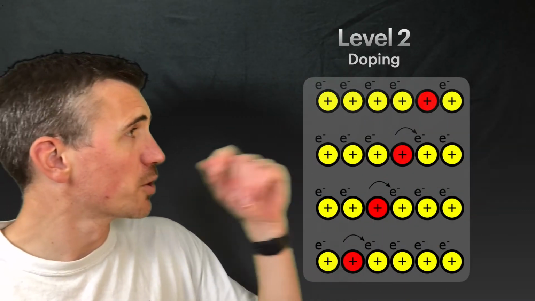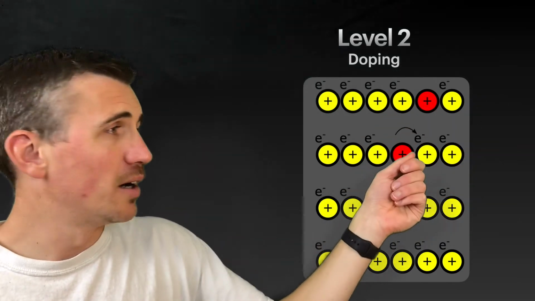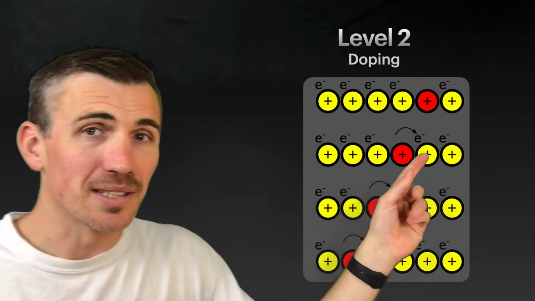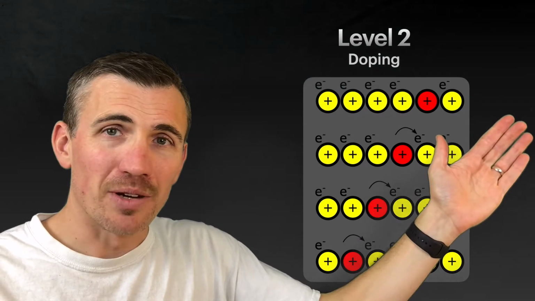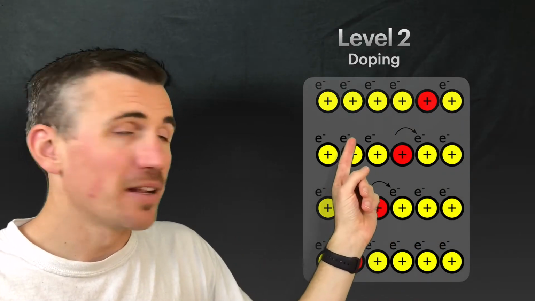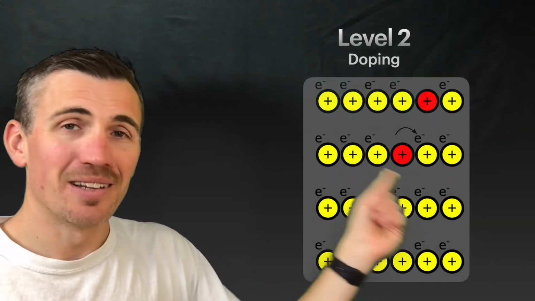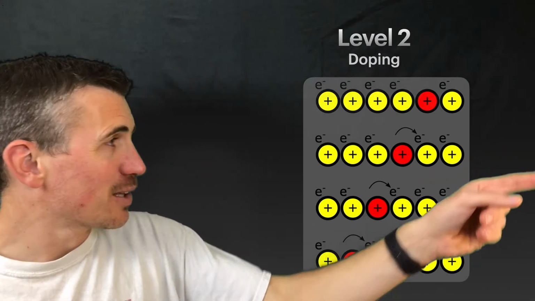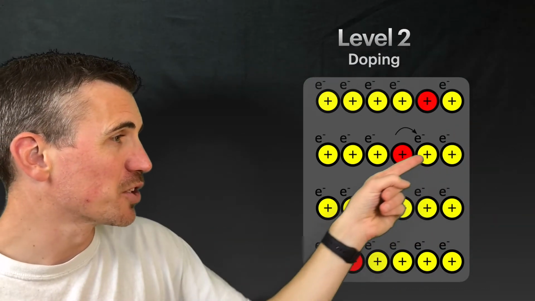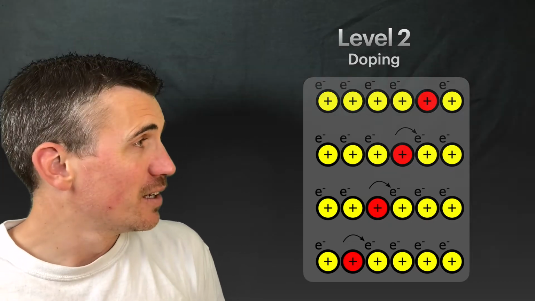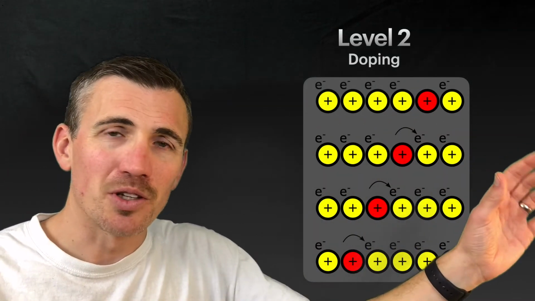So here we have a hole up top, and it's going to leap over to its neighbor. In fact, the hole isn't leaping over, the electron is leaping over next to it. And then the electron next to that one is leaping over, and the next one, and the next one. But if you stand back and look at it, it looks as if there's a positively charged particle moving to the left, but really it's just a cascade of electrons moving to the right.